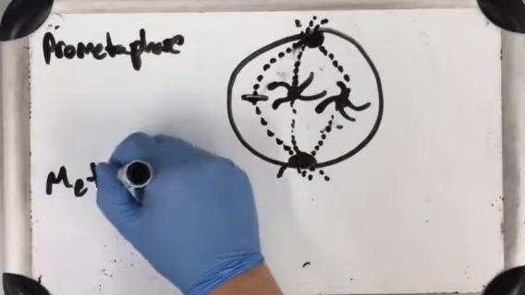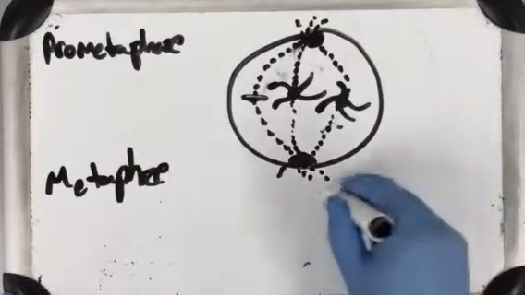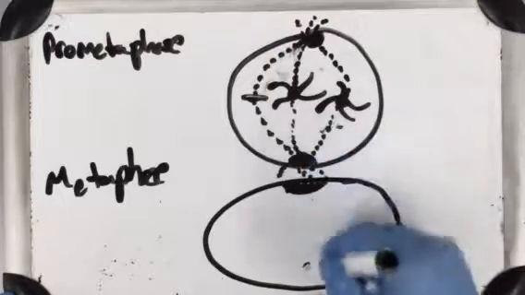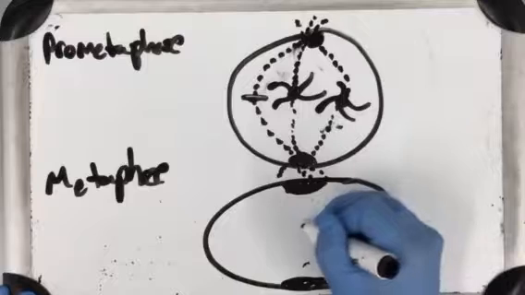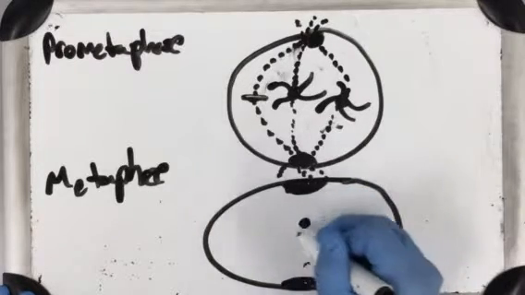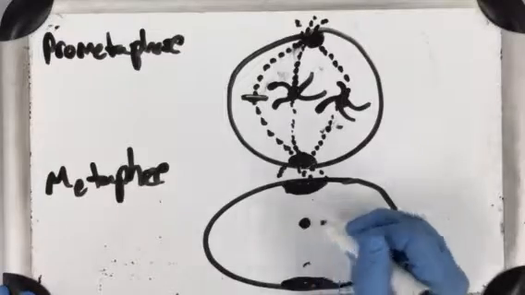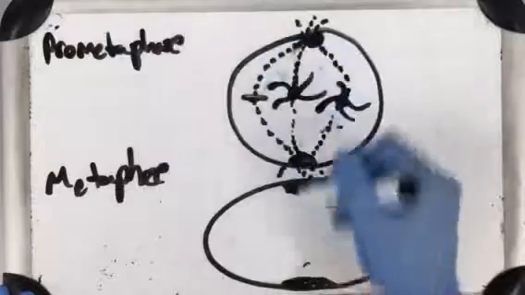So if we just do metaphase, this is right before the cell divides. So here's our spindle. Now let's see, I'm going to draw this. Yeah, sorry. So here they've attached and they're getting closer.